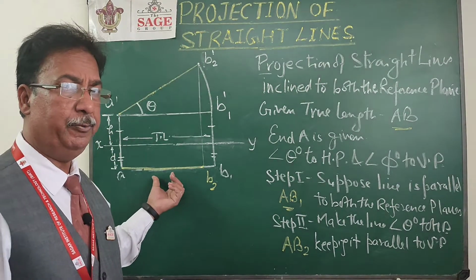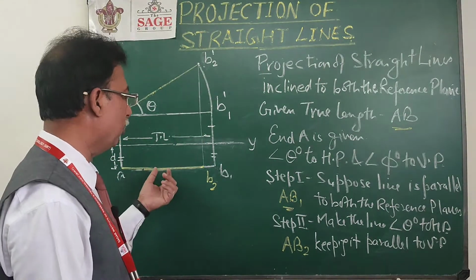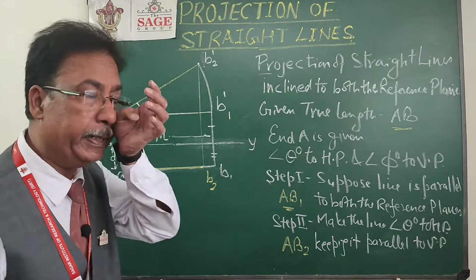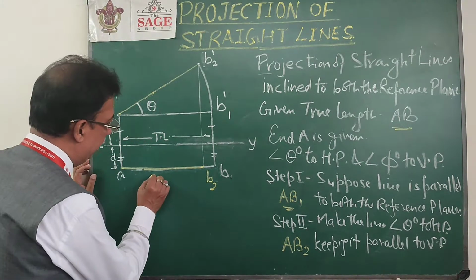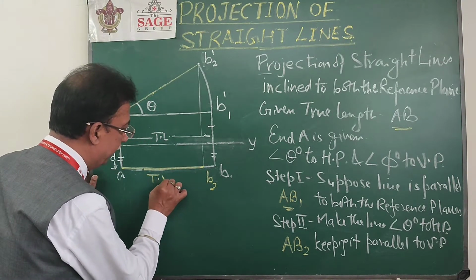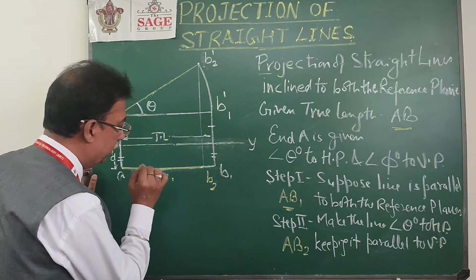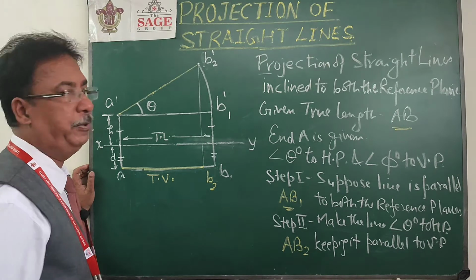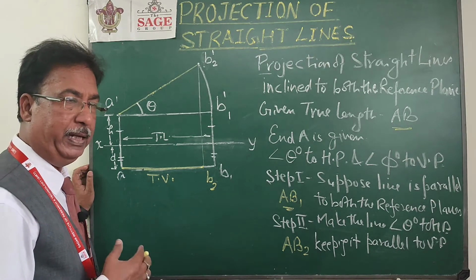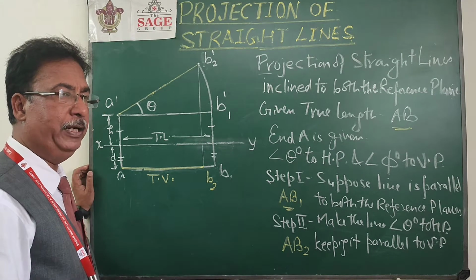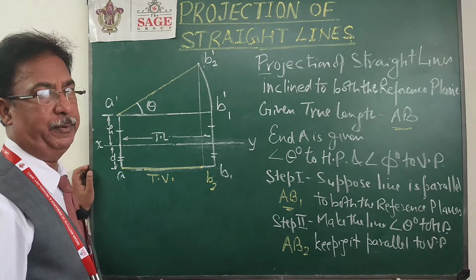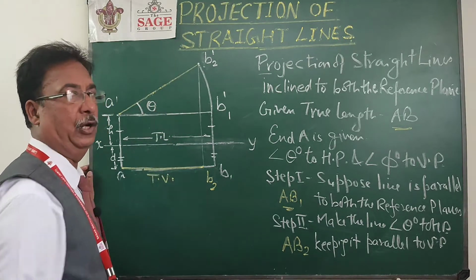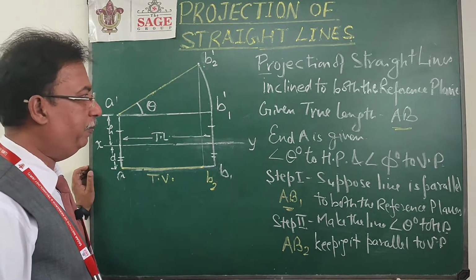If the same line will be inclined to VP also, this top view is not going to change again. It means what I got, this top view will be the final top view. So one value I got by doing this second step, the top view will be fixed. If you make this line inclined to VP or not, the top view will remain same because theta is fixed now.